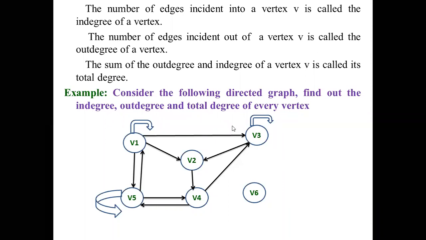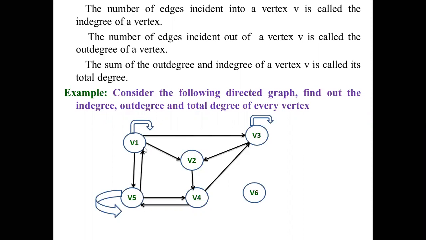So consider the following directed graph. Find out the in degree, out degree and total degree of every vertex. In this graph, first we consider the in degree of V1. In degree means the edges coming towards V1. So from V5 to V1.